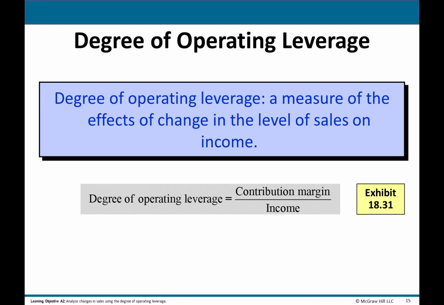It's the contribution margin on top divided by the net income on the bottom. And as the blue box states, it's a measure of operating leverage. I think the best example is to once again get our hands dirty and compute one, and then talk about what the results mean.